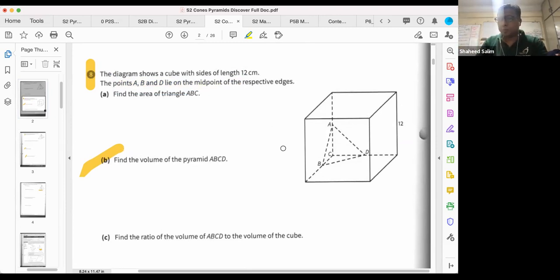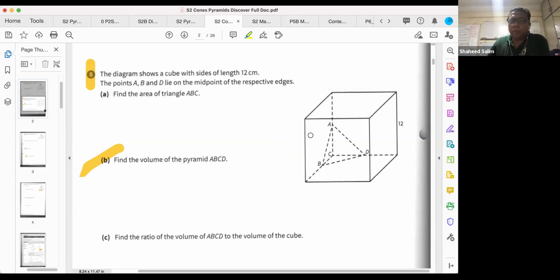You must understand, this is the pyramid. You must be able to see from the angle, okay?